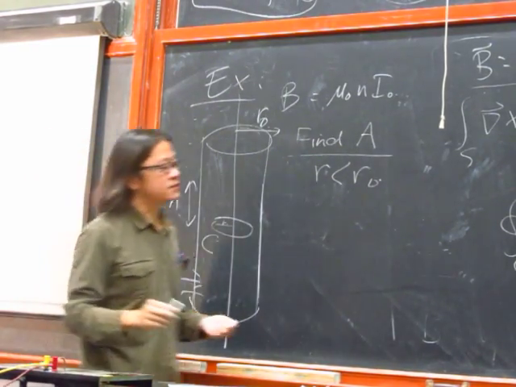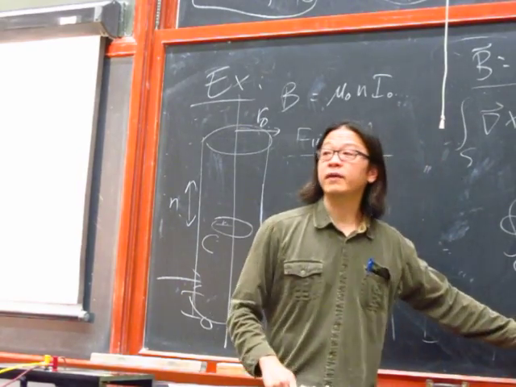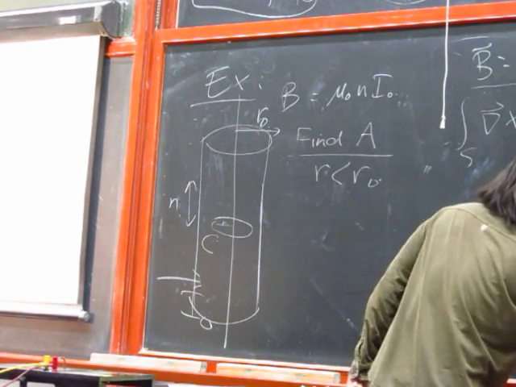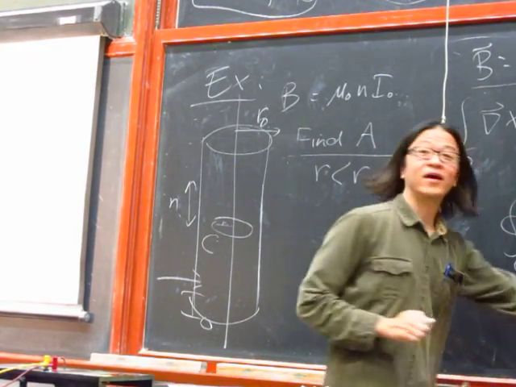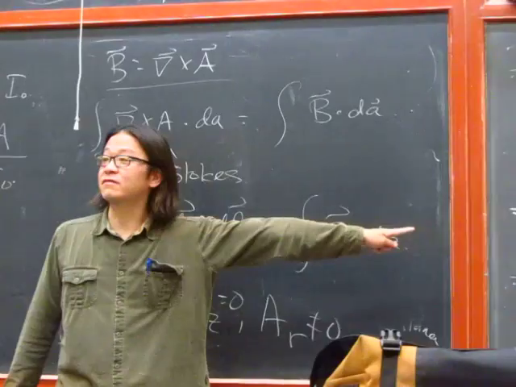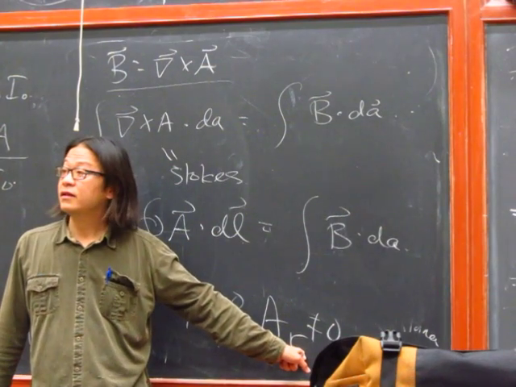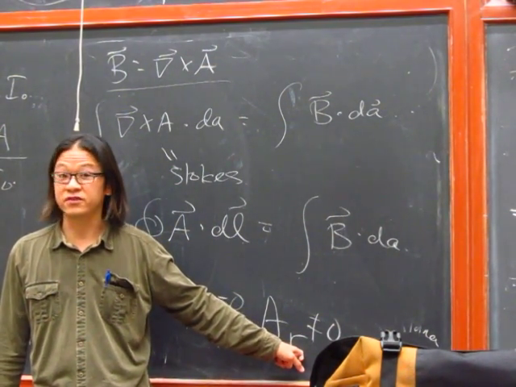Then first notice that A cannot be in the z direction by symmetry, and A cannot be radial. Why? We chose a gauge already for magnetostatics, where the divergence of the vector potential is 0.